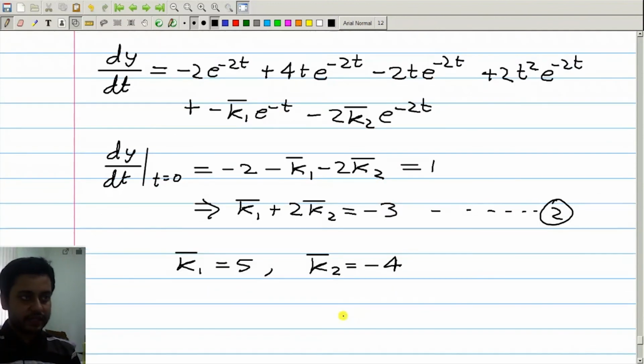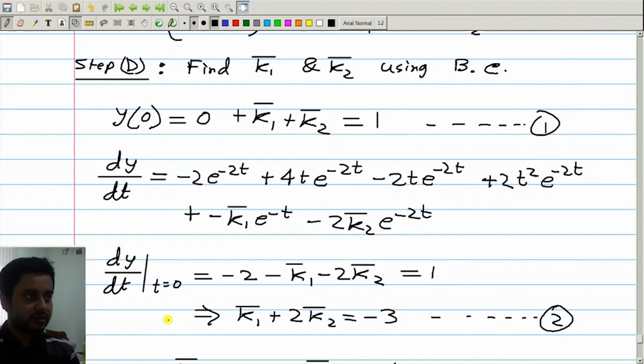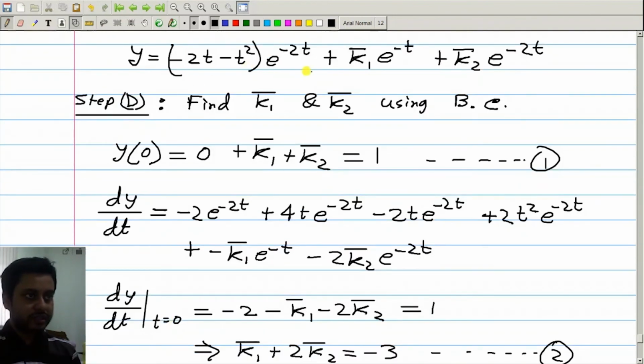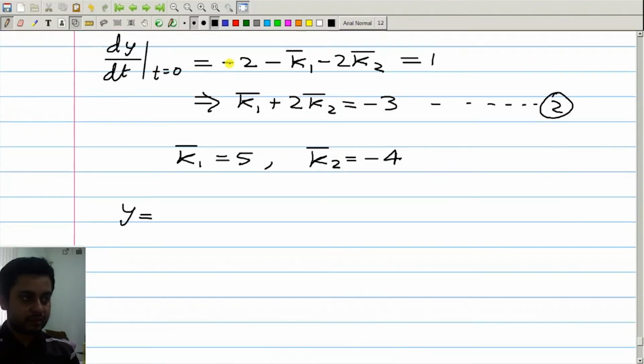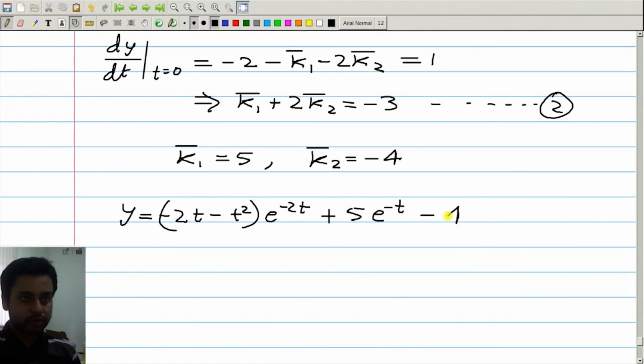And that's how the final solution becomes this term, then plus k1 is 5 e to the power minus t, and then minus 4 k2 e to the power minus 2t.